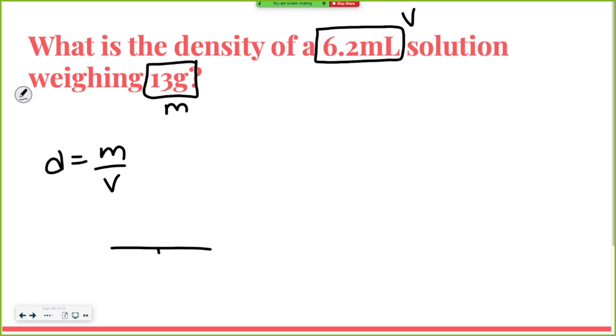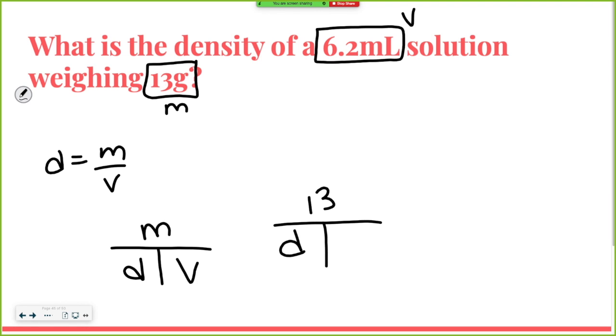Our handy-dandy little triangle tells us I have density, mass, volume. I'm looking for the density. I have a mass of 13. I can plug it in now. And a volume of 6.2. Somebody divide that for me in your calculator. It's going to be 2 point something.